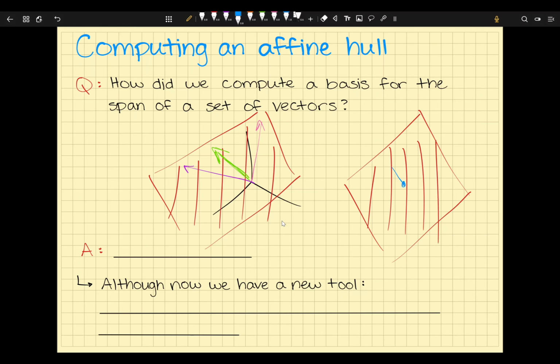I'll give you a hint that it looks something like this. The orthogonality is important. Okay, so the answer is that we use Gram-Schmidt.